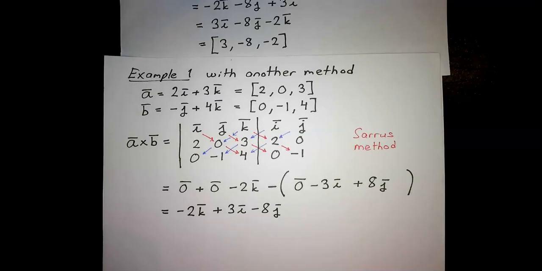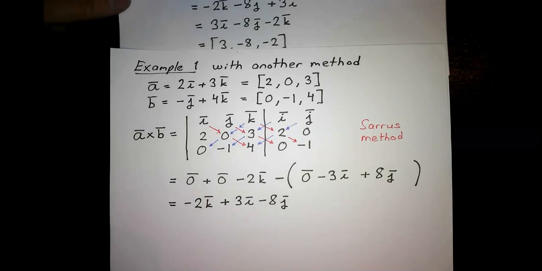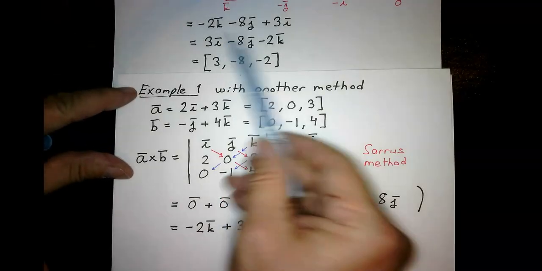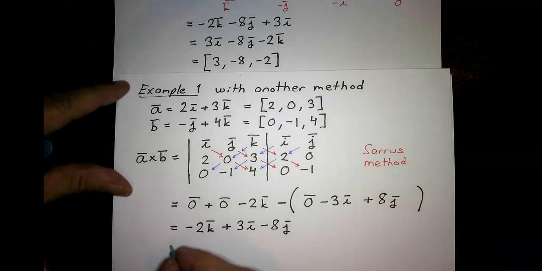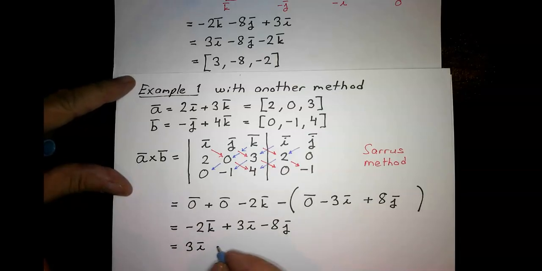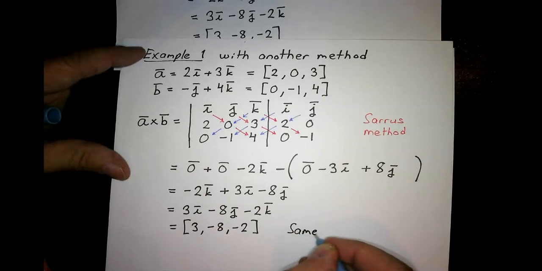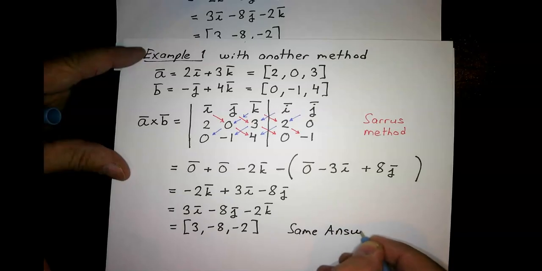The same result, in a little bit different order as here, but the final result will be the same when we arrange them in the same order as we did earlier. So this is 3, minus 8, minus 2. Same answer.